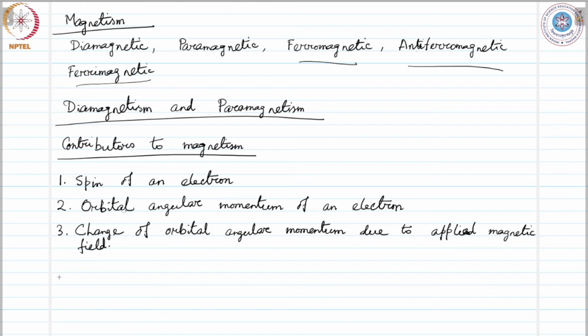If we consider magnetization and denote it with capital M, that would be the magnetic moment per unit volume.